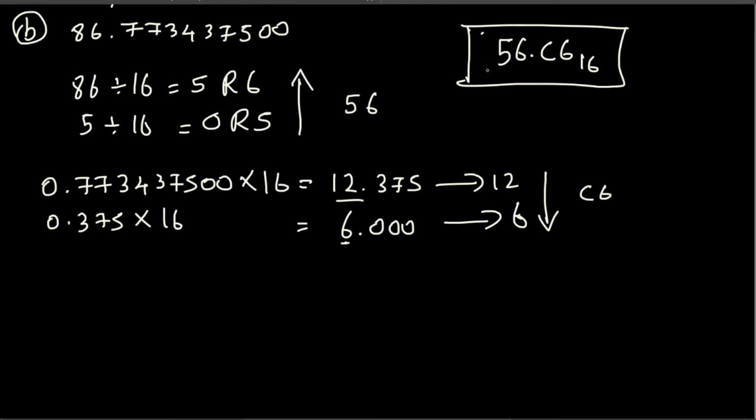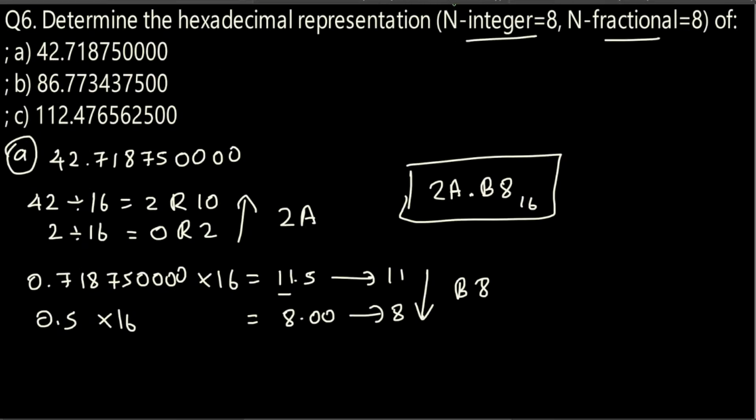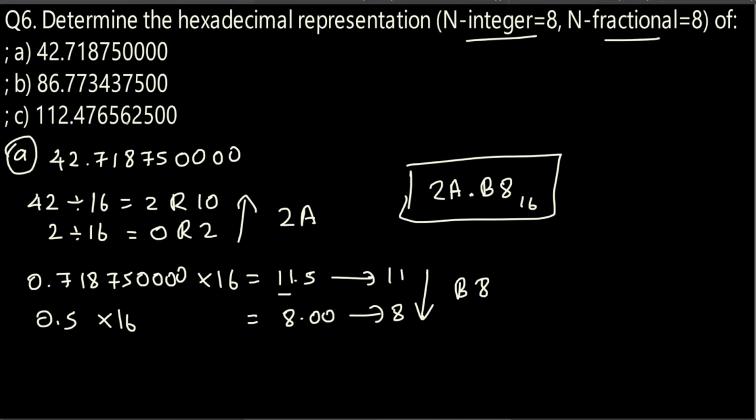Okay, now let's look at the C part. In the C part, we have 112.4765625.